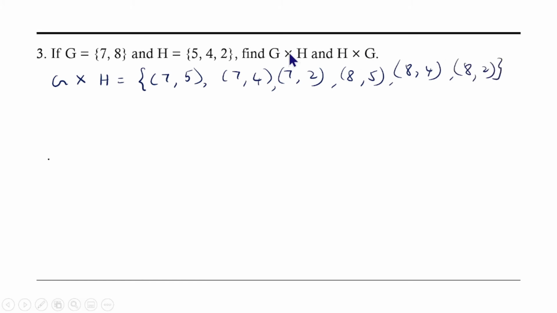So this is G cross H. The first element should be from G and the second element should be from H, so we write the various combinations.